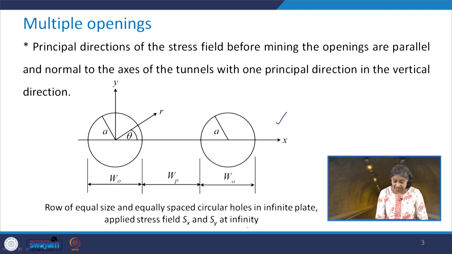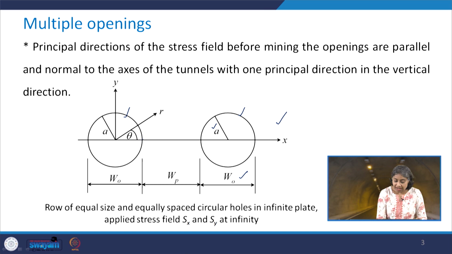You can see that we have two openings, both circular and of the same size, with radius small a, and the width is represented by WO. WO is the width of the opening.